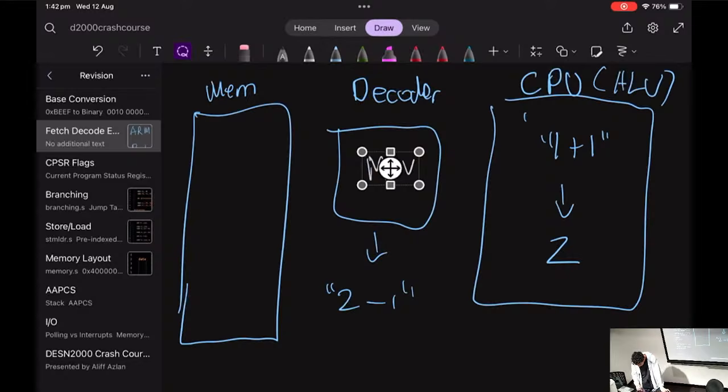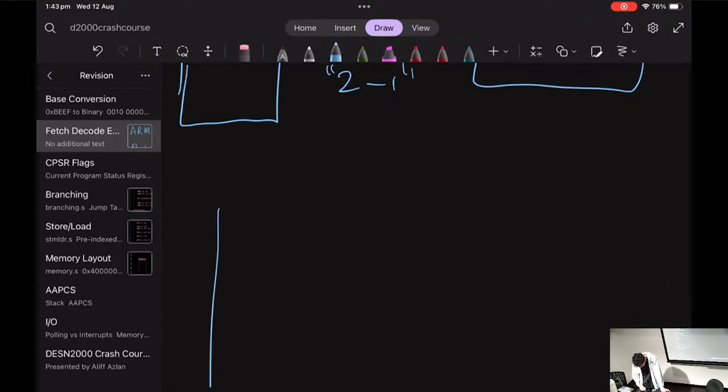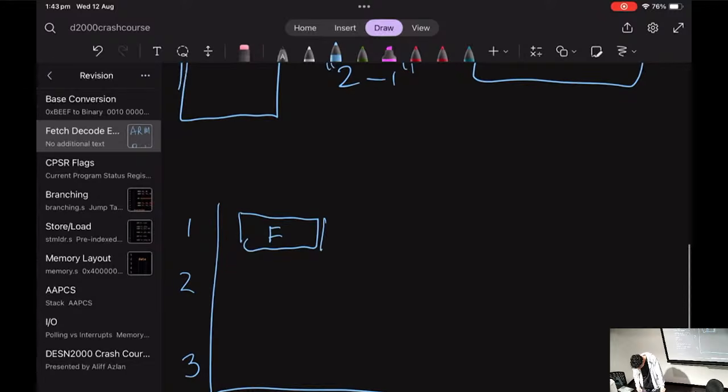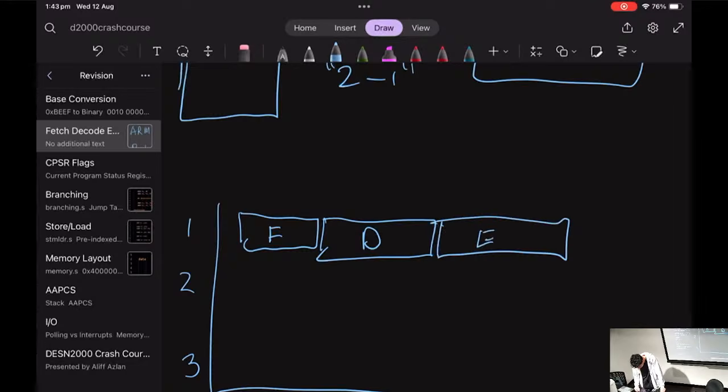And then as that's being decoded, the next instruction is being moved into the system. And then you might have seen this very famous graph of the pipeline. So we have this instruction. First we fetch our instruction, then we decode it, and then we execute. But whilst this is decoding, the second instruction is being fetched.